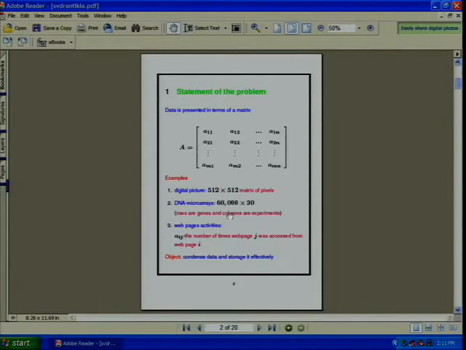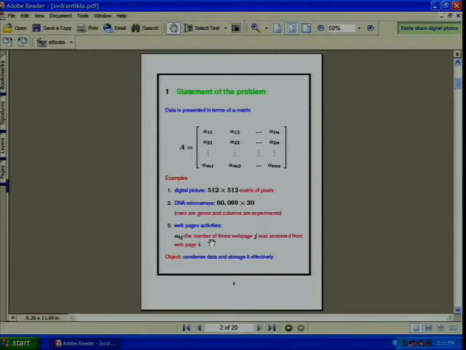Or sometimes you have the DNA microarray, which would be like 60,000, the number of genes, and the number of experiments. Now, what Google is more interested in is, suppose you look at web pages. Then the entry A_ij would be the number of times web page j was accessed from web page i.